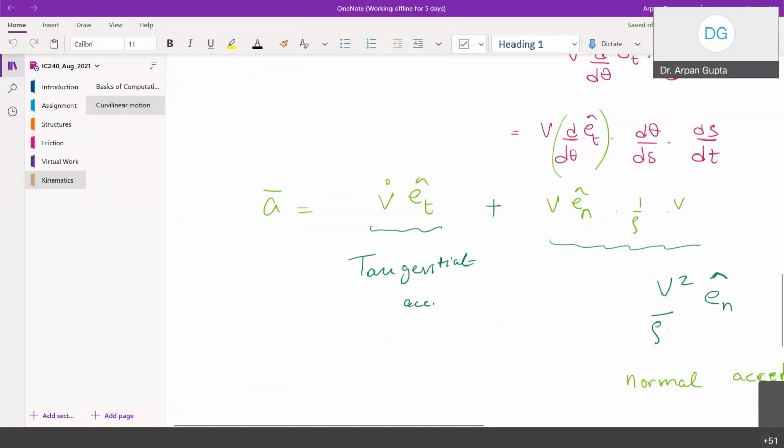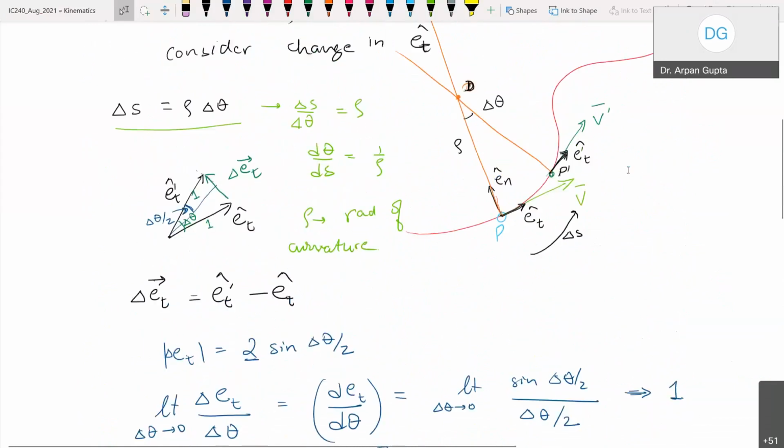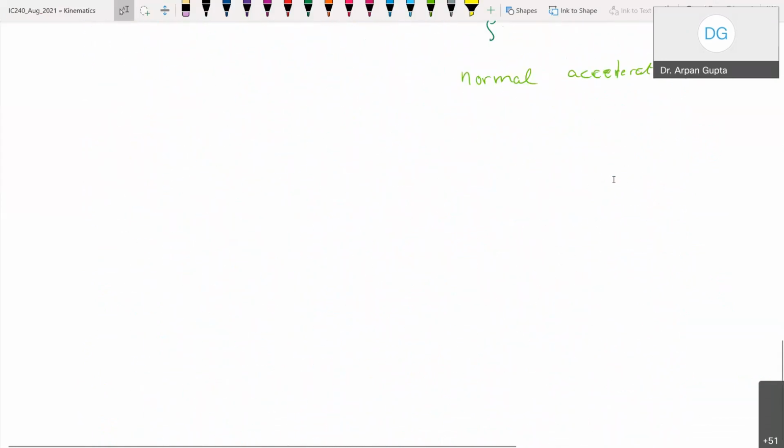Okay, I hope you can see the OneNote, where we have done the derivation. An important concept that we saw in this derivation is when unit vectors change direction.